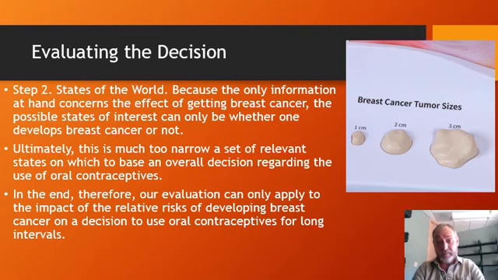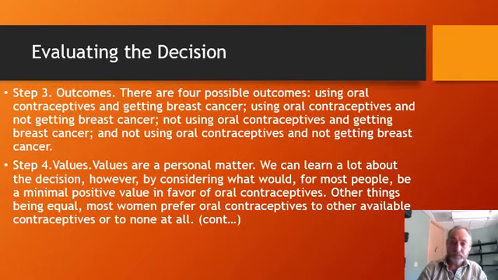There are lots of benefits of taking birth control that may in some ways outweigh this. But because the study only really gives us these two options and these two outcomes, we're going to evaluate our decision just based on the information that we have.